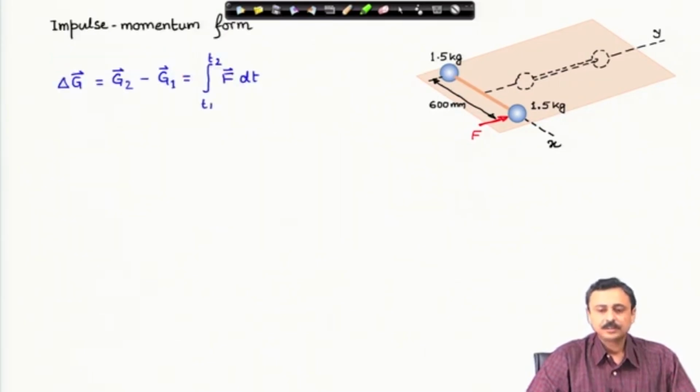Now, here the problem is about the impulse of a force which is applied for a very short time. So, the impulse is given to us. Therefore, we use the impulse momentum relation for the center of mass of the system. The change of linear momentum of the center of mass is equal to the impulse of the force that acts on the system.